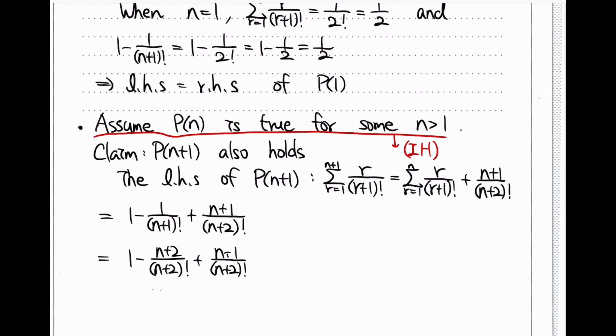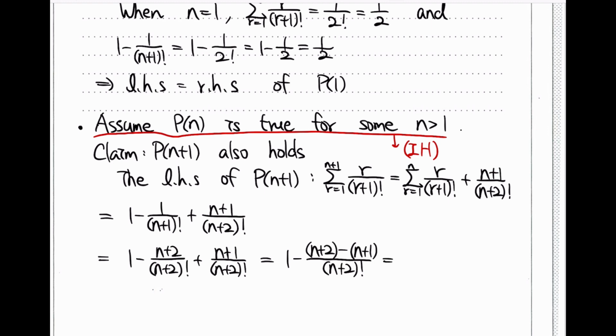And then we combine the last two terms to get 1 minus, here should be (n plus 2 minus n plus 1) over (n plus 2) factorial.